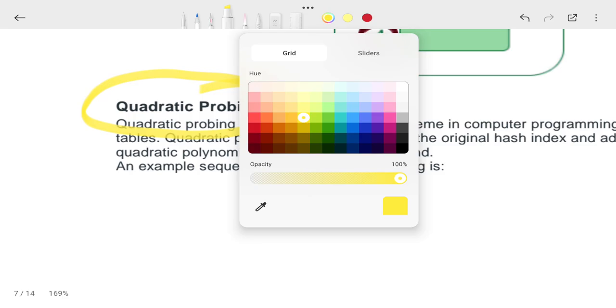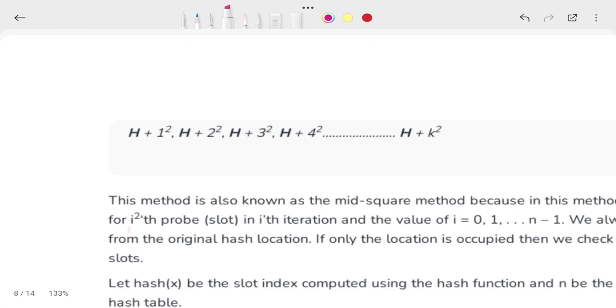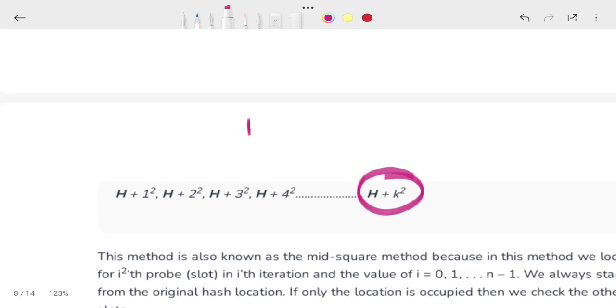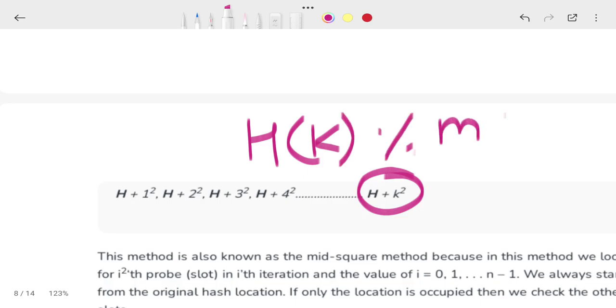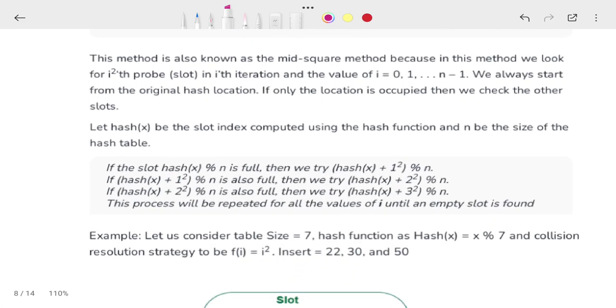Quadratic, what I told you, means h plus i square. What is the meaning of this? The hash function, you divide by modulo, plus i square. This is the formula. Now see here.